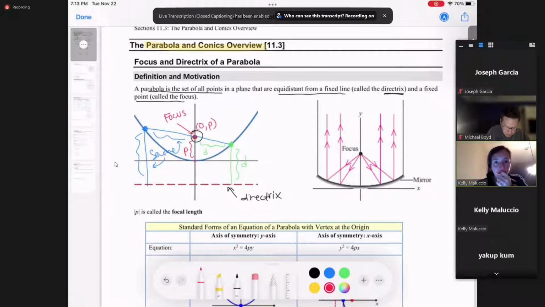Now, another reason it's called the focus point is because if you thought of this as a light bulb, I think mirrors are the better explanation, but okay, that's a horrible light bulb. Pretend this is a light bulb giving off light in these directions, right?